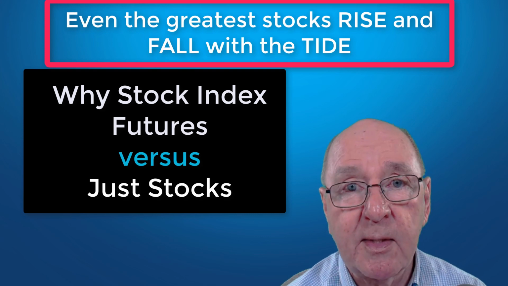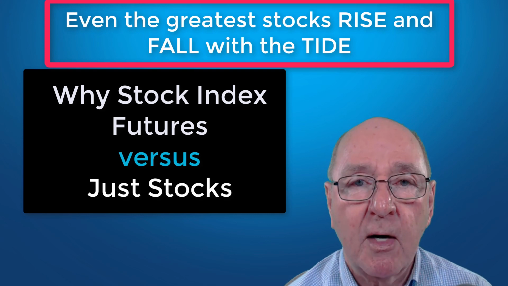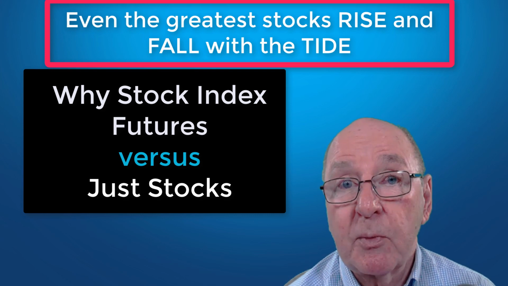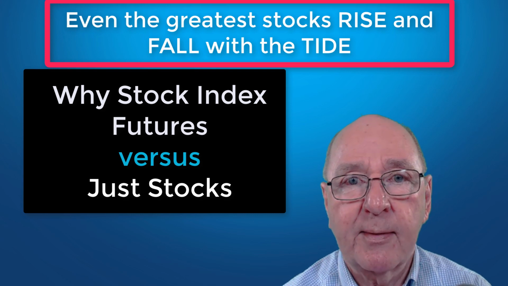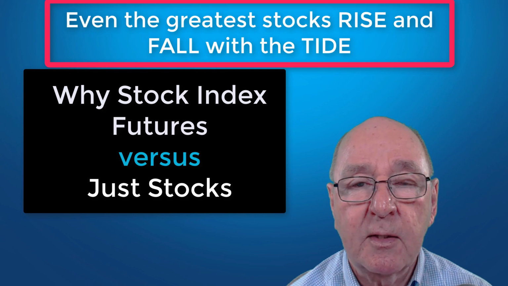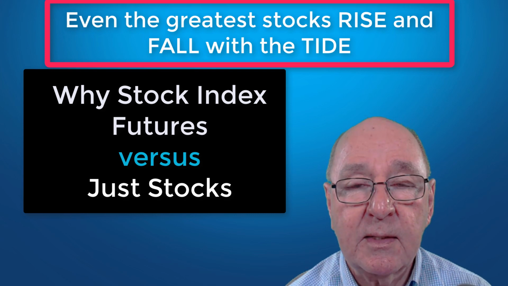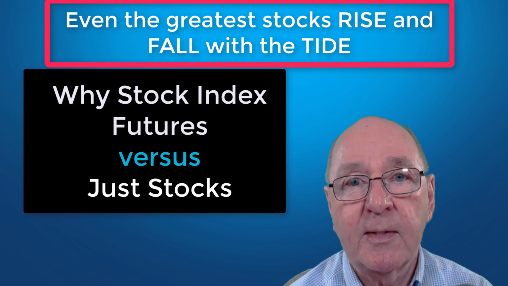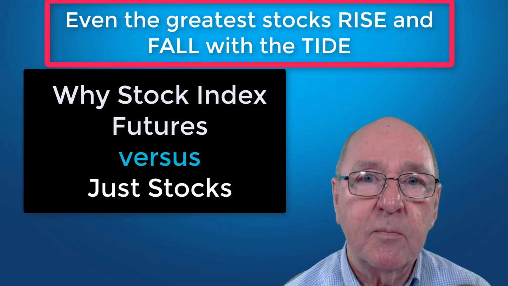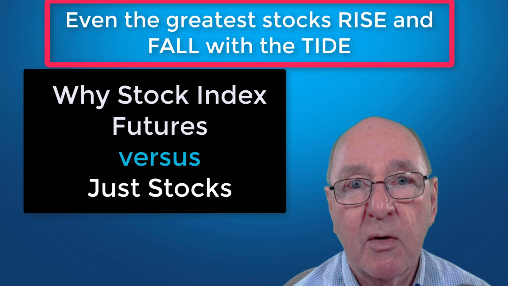But we all know, and we've seen over recent months in the market, how a stock market that's in a bearish mode or a bullish mode for that matter tends to overtake the characteristics of individual stocks. In other words, the larger stock market is the thing that dictates what happens to the smaller stocks that make up and comprise the market. The tide, if you will, is the stock index that raises and lowers all boats.